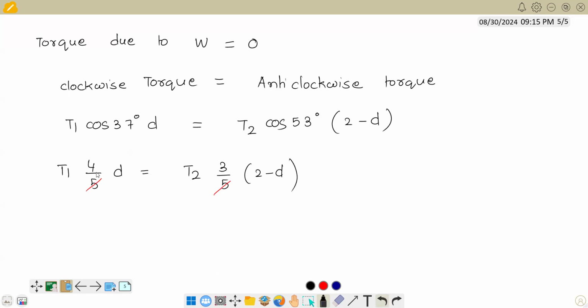We got 4T1 divided by 3T2, bringing T2 to the other side, equals 2 minus D by D. So this is the final expression that we got.